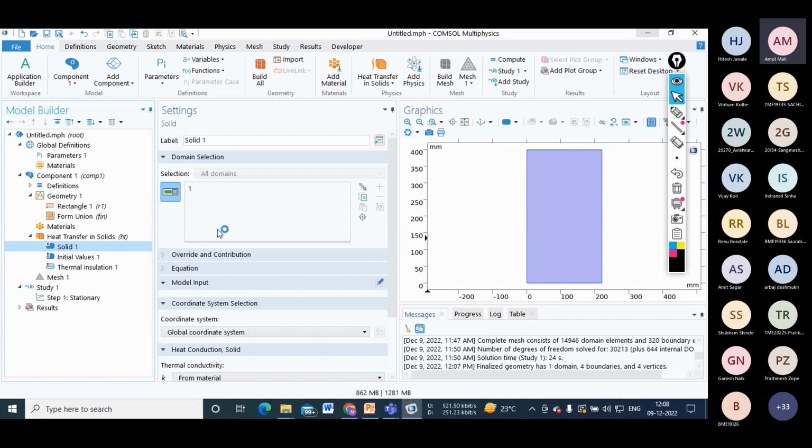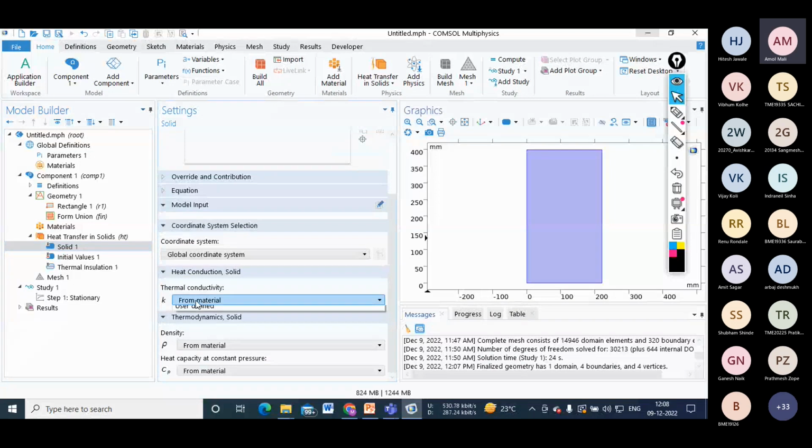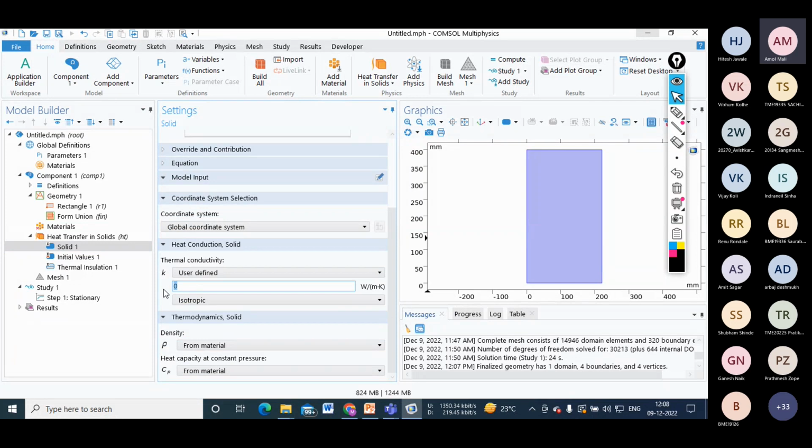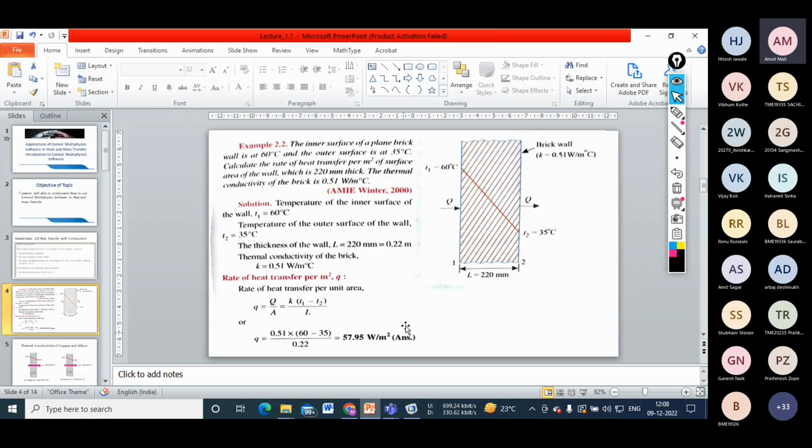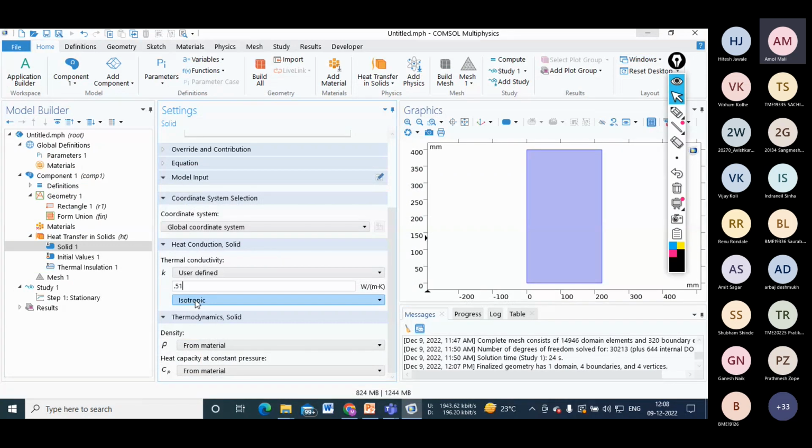यदि कंपोजिट वॉल का रहेगा तो वहाँ पर अलग अलग मटेरियल के वॉल्स रहेंगे. So here you can see the thermal conductivity will be what the user defined. They have given 0.51 thermal conductivity, so I will provide the 0.51.